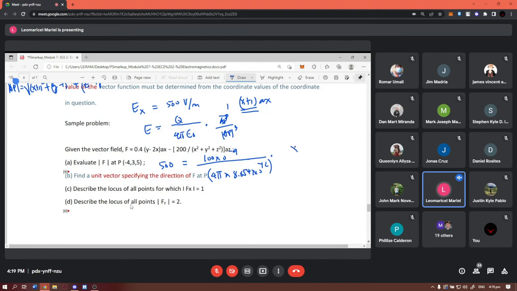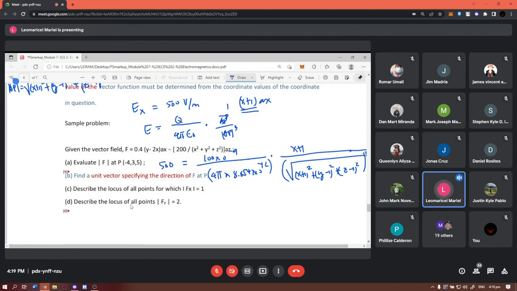So that will be x plus 1 na lang, all over square root of yung nakuha mong magnitude, that is x plus 1 square plus y minus 1 square plus z minus 3 square. Then ito naka-cube.